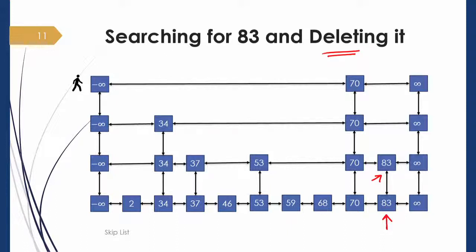And all we have to do is look at 83. Well, we've spotted 83. We delete 83 from every level that it occurs in. So, the final outcome will have to look like this, and these deletions are very similar to linked list deletions. It is just that we need to remember that the item has to be deleted from every level.